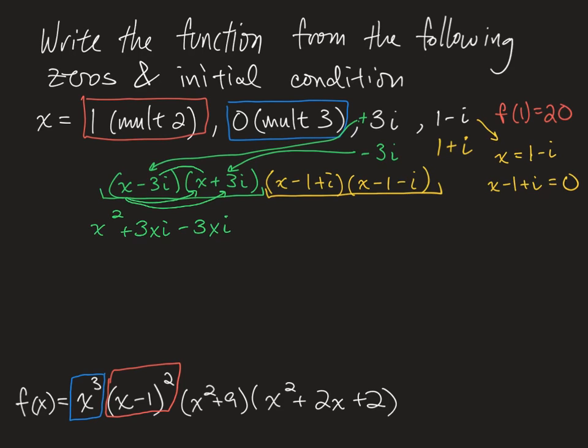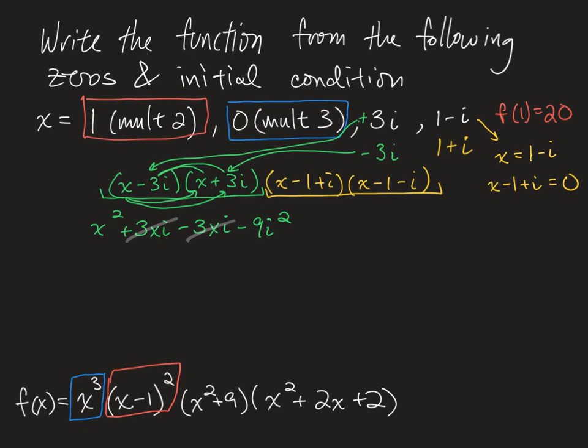And then negative 3i times positive 3i is negative 9i squared. Cool. Some nice things happen here. These two terms in the middle reduce away, and you're left with x squared minus 9i squared.